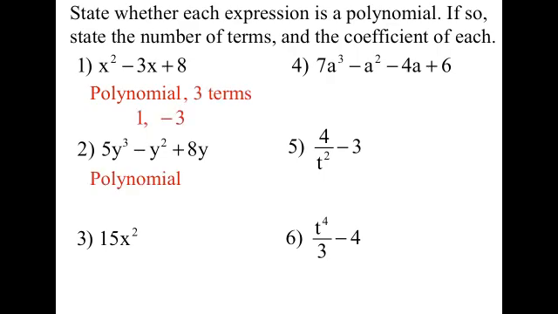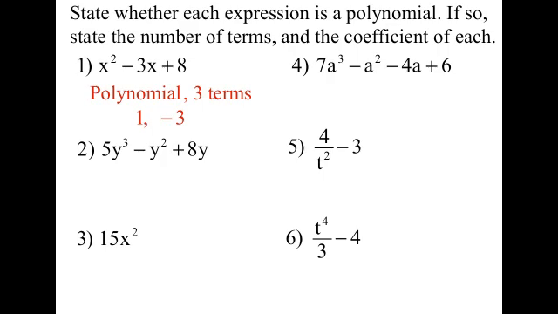Oh, wait, 8 is not because it's a constant. Okay, remember a coefficient is a number that comes before the variable. Since 8 is a constant, it has no variable there. All right, now pause the recording and you do 2 through 6.